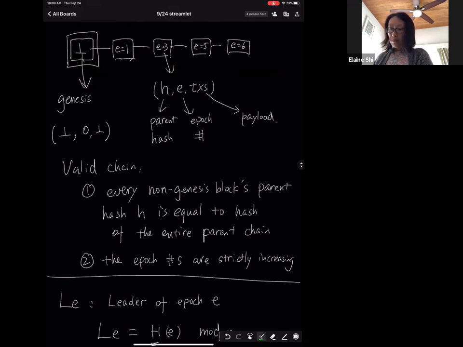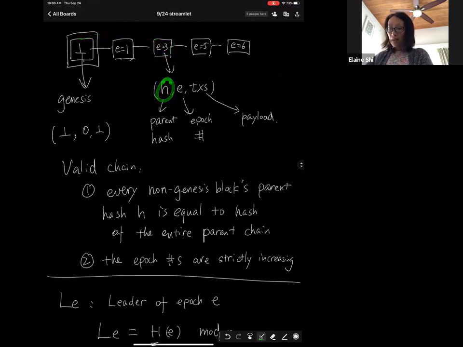If the adversary cannot find collisions, then whenever you have a block, it uniquely binds to the entire prefix because of this hash.